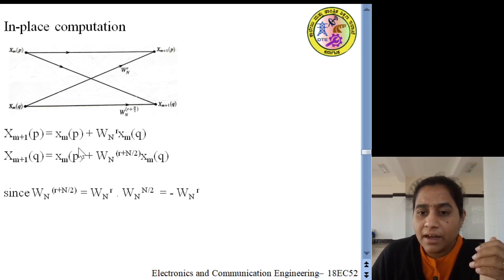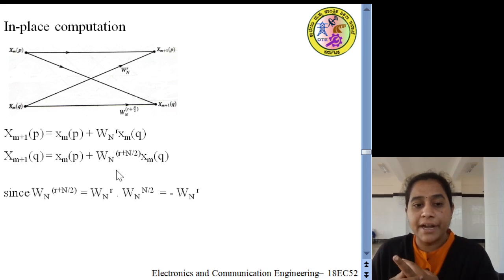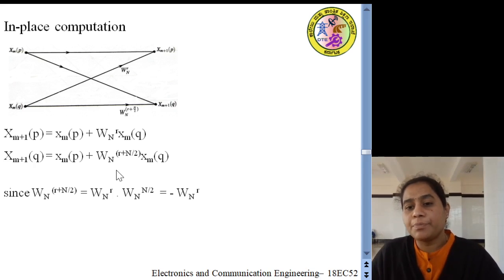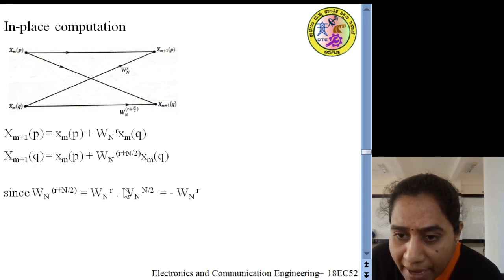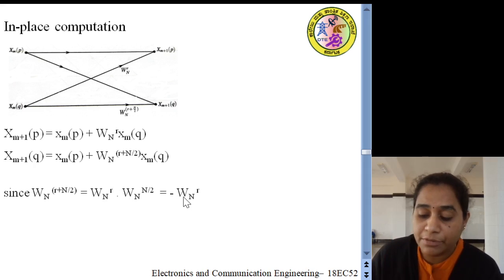Since the twiddle factor Wn raised to the power of r plus n by 2 can be written as Wn raised to the power of r into Wn raised to the power of n by 2, and we can represent this as minus 1, we can simply write it as minus Wn raised to the power of r.